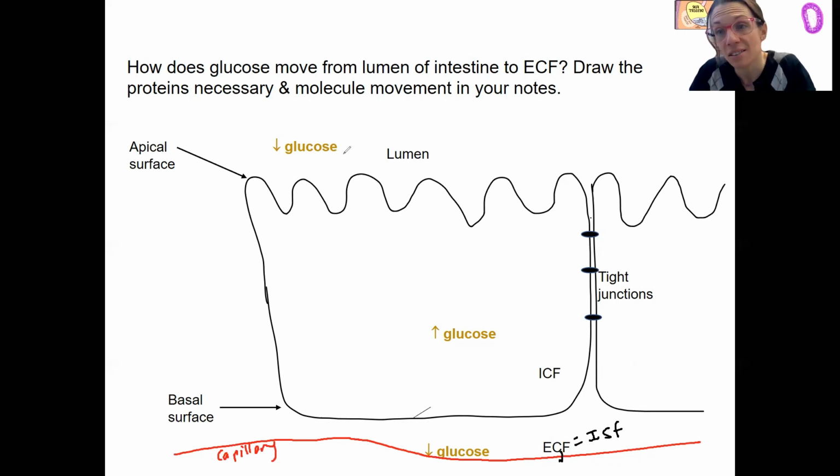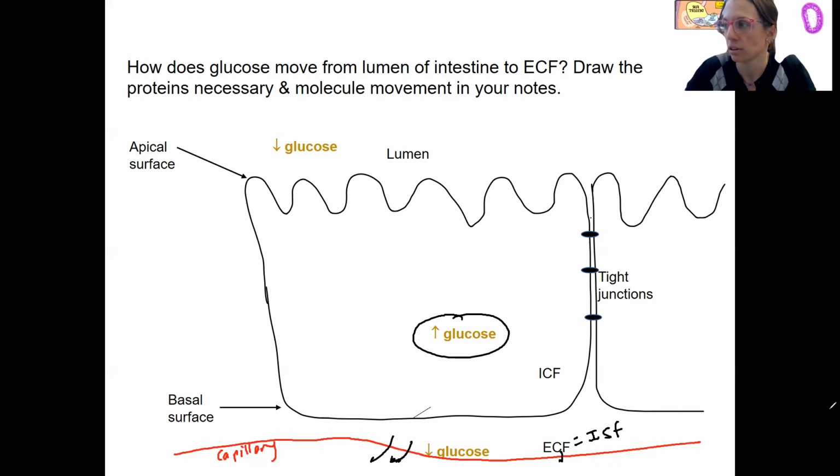If you've just eaten a large amount of glucose, this might slightly be different, but basically this is going to stay real high. It's all relative. This is going to be low here, partially because it's being carried away into the blood constantly. So how do we do this?